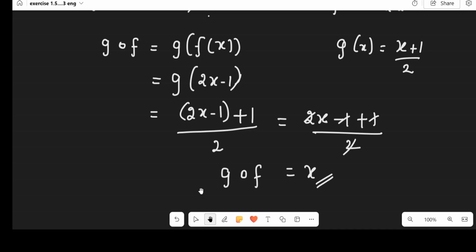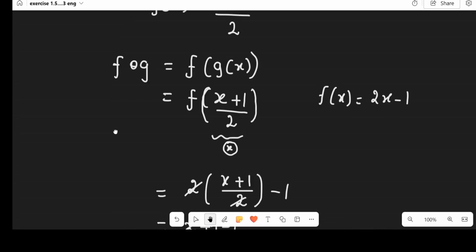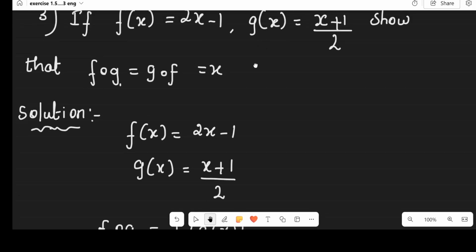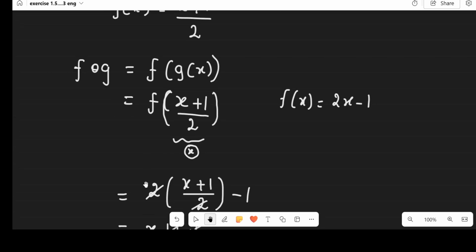Hence it is proved that, so the answer is x, right? We already showed the answer. What is the question? The question is show that f of g equals g of f equals x.